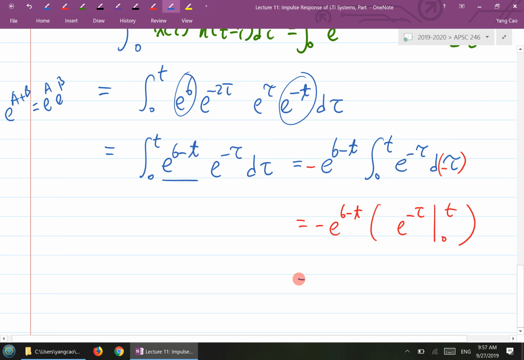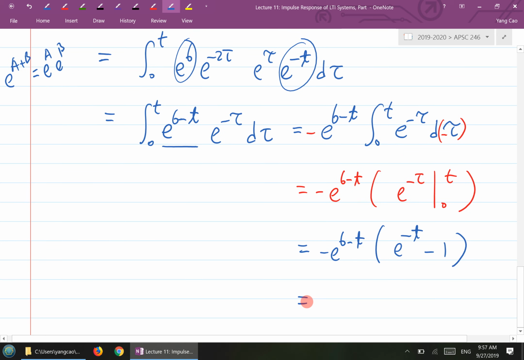Okay. So inside here you get e to the power negative t minus 1. Again, simplify this a little bit more. So multiply this into the bracket. Right. So you will get e to the power 6 minus t minus e to the power 6 minus 2t. That's it.